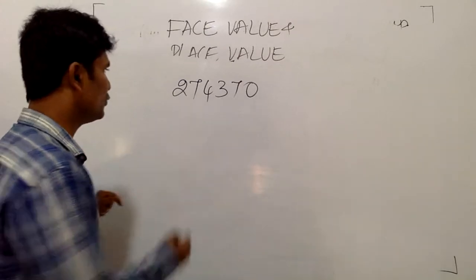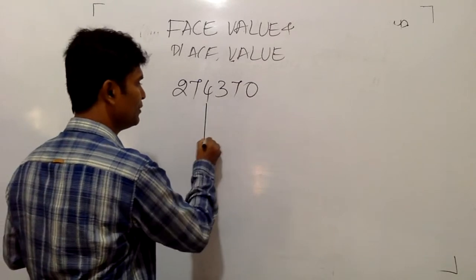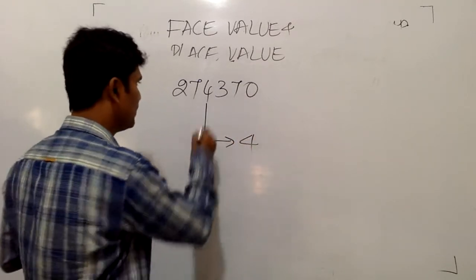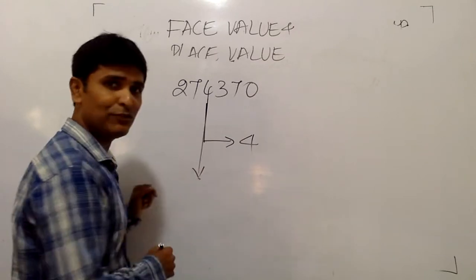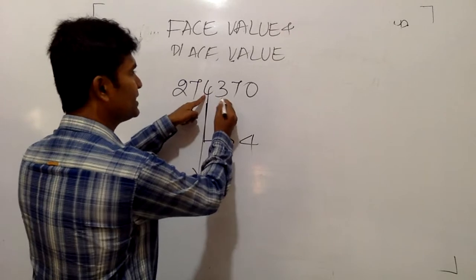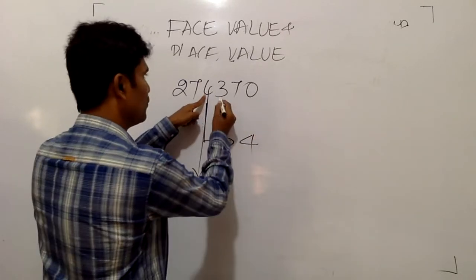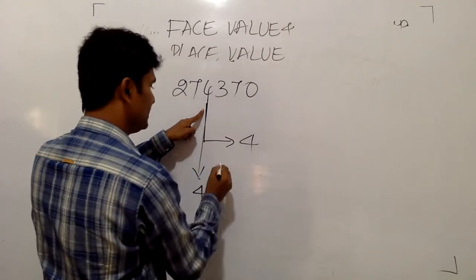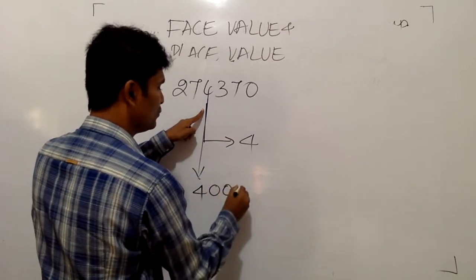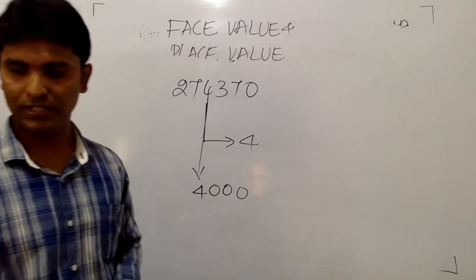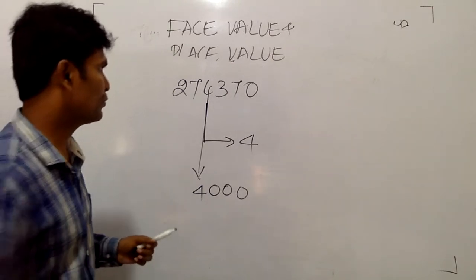You already know the face value of 4 is 4 only. But for the place value, you count the digits to the right side of the number, 1 2 3. Write this number and write 3 zeros, 1 2 3. See, this is the place value. Okay, let us try one more example.